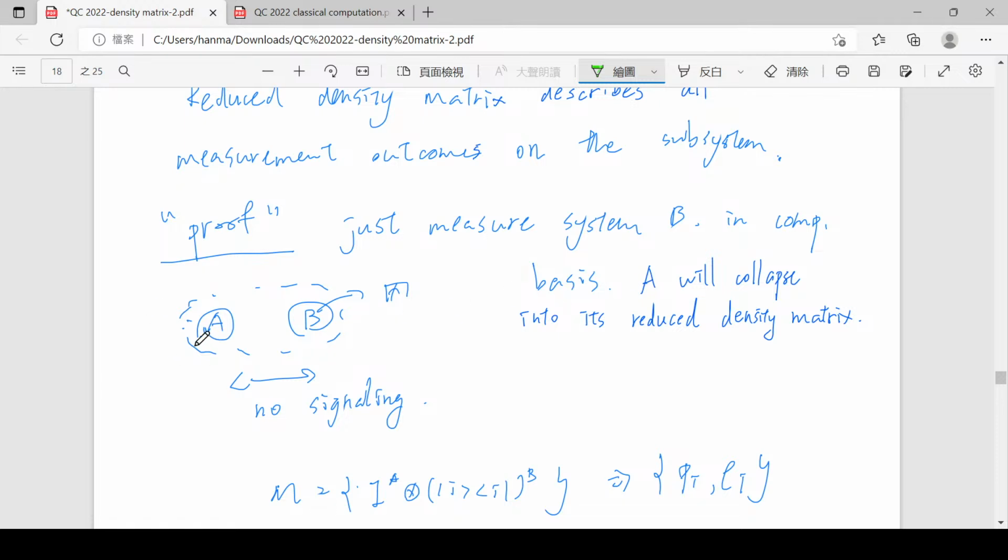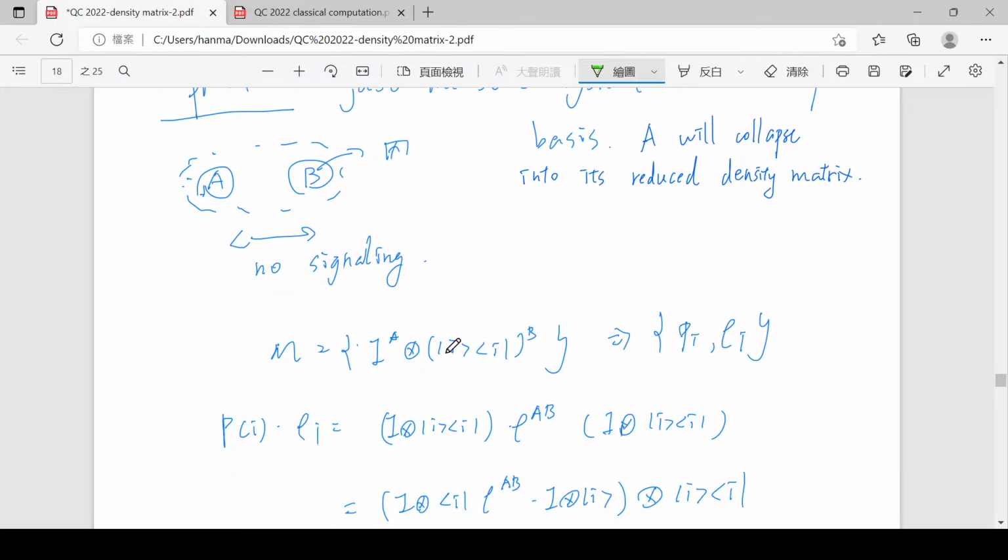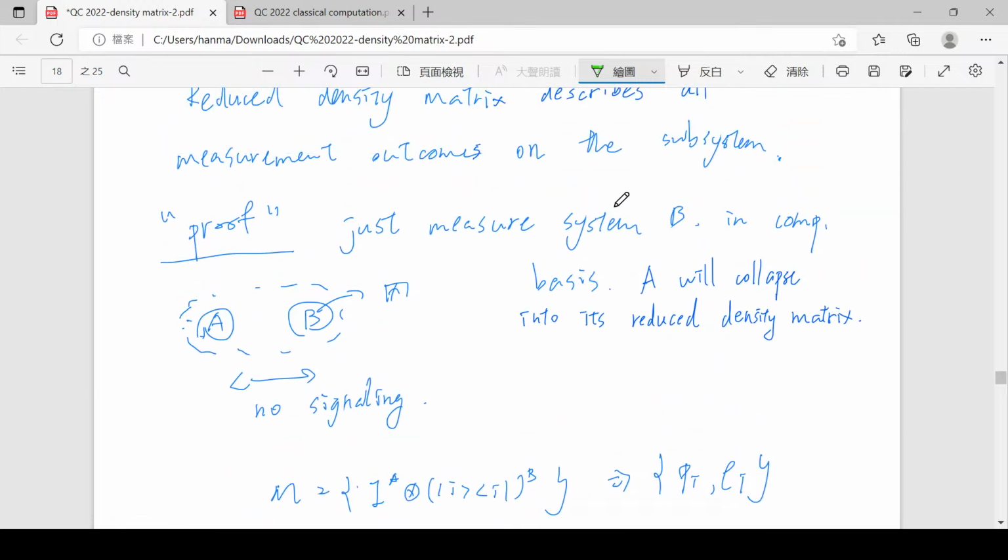In the proof, we consider the two systems have some global density matrix rho AB, and we just use the physical principle that these two systems can be really far apart. So anything you do on system B should not affect system A because of no signaling.